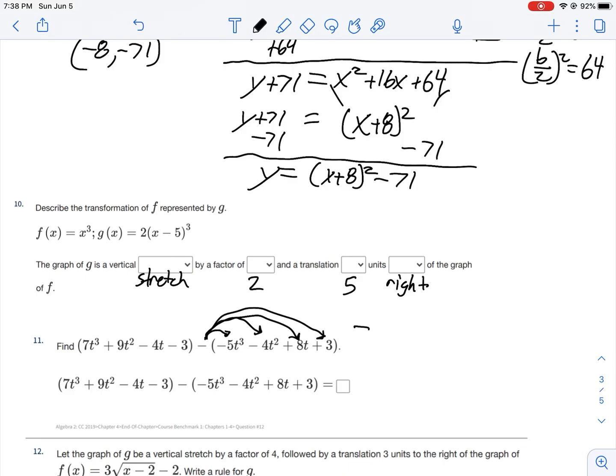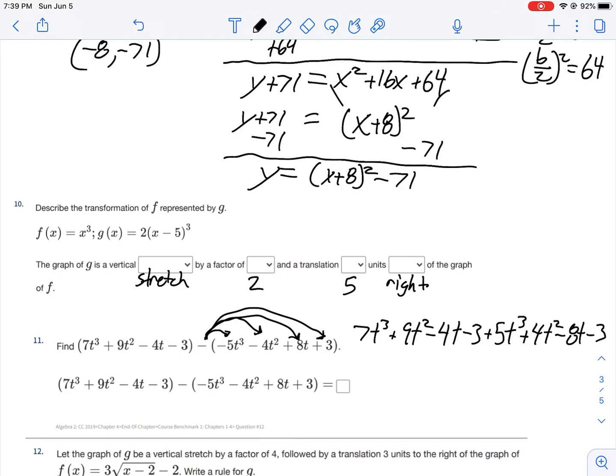What we have, 7t cubed plus 9t squared minus 4t minus 3. And now we've got double negative on the 5t cubed, so that's positive 5t cubed plus 4t squared minus 8t minus 3.